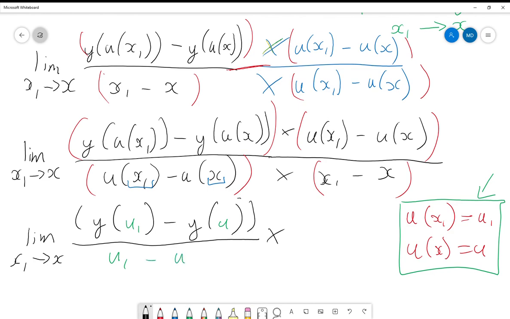And we're going to be multiplying by a second fraction, and now I'm splitting the expression into two fractions. Here I am going to keep it as u of x1 minus u of x, all over x1 minus x.